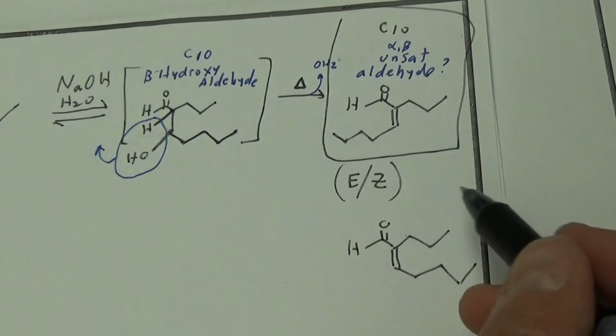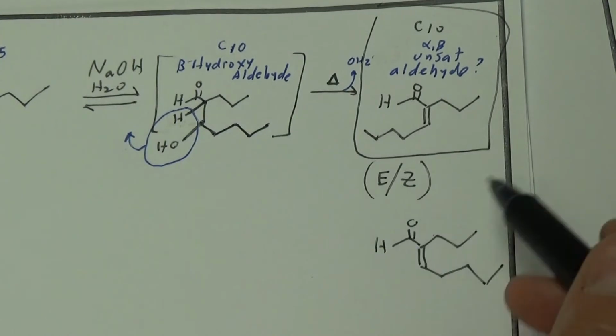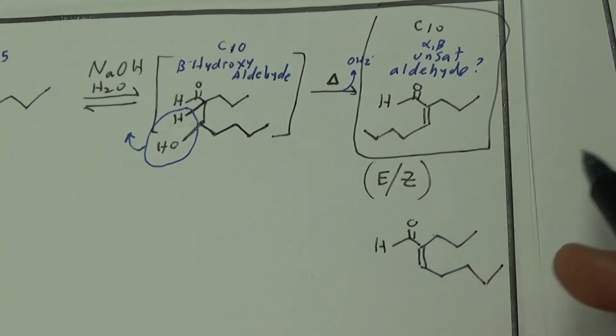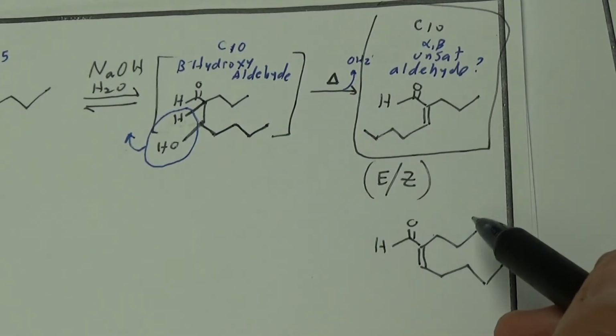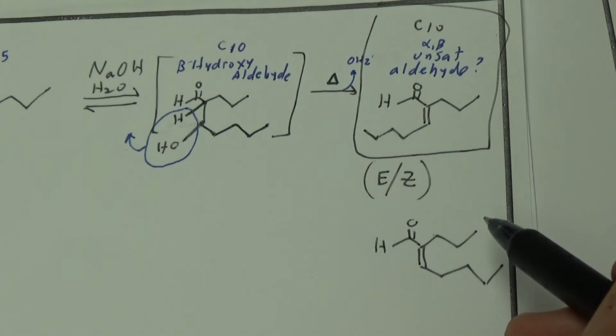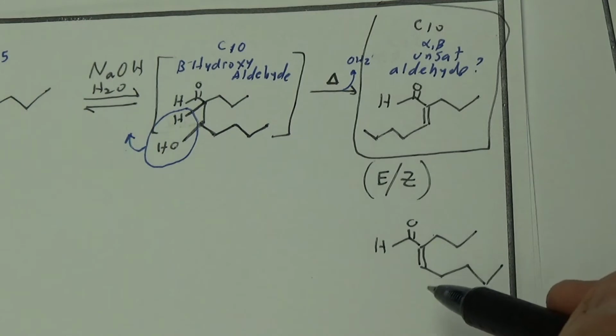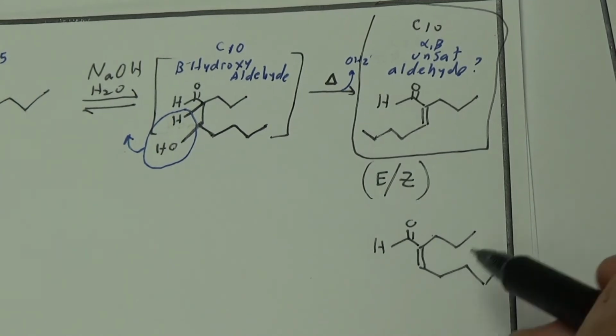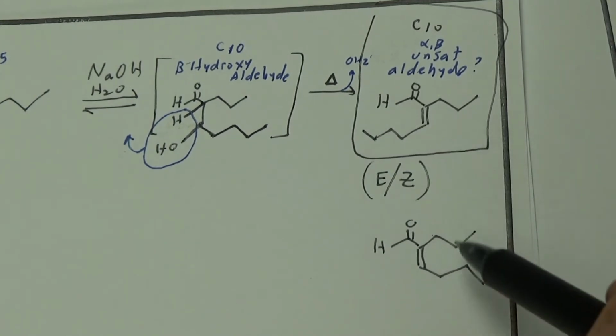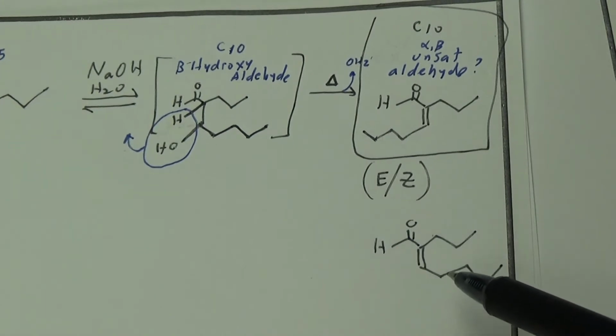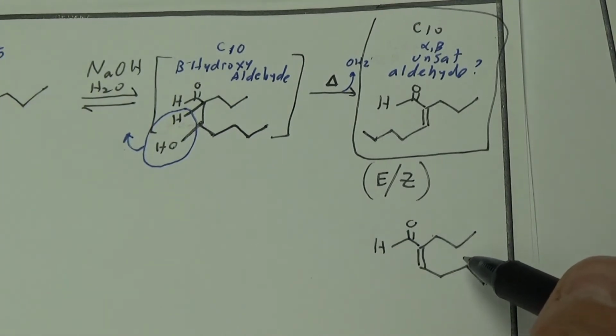When I ask you for the product, just draw one of them. I'm not really rehashing chapter 12, the alkene stuff, in terms of alkene stability. So just draw one of the two alkene isomers, and that should be fine if I asked you.